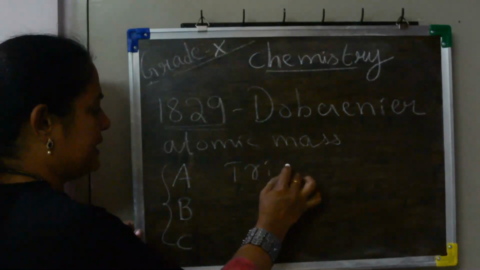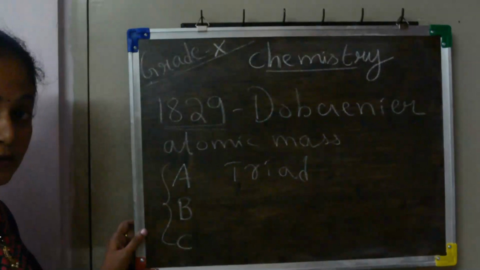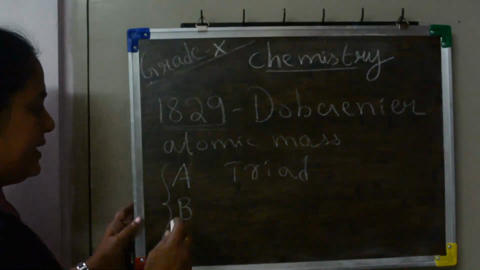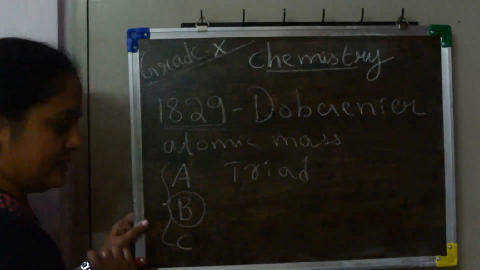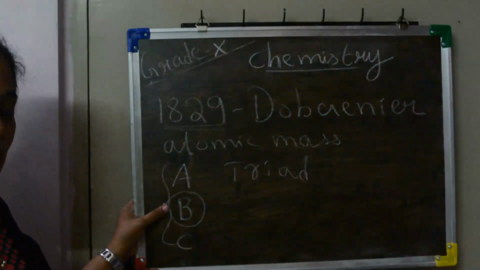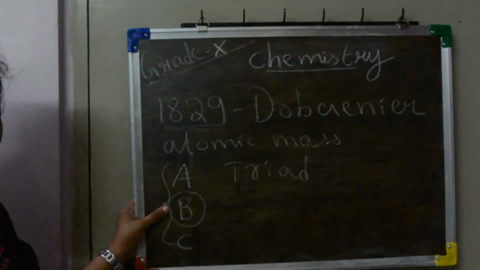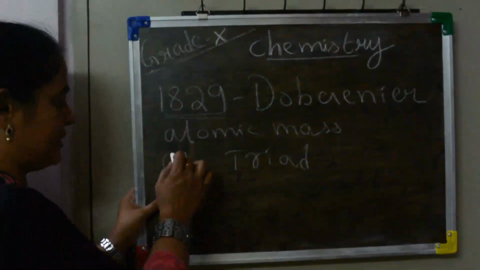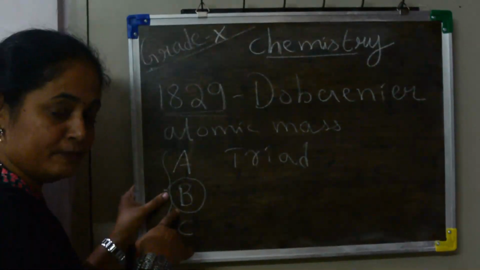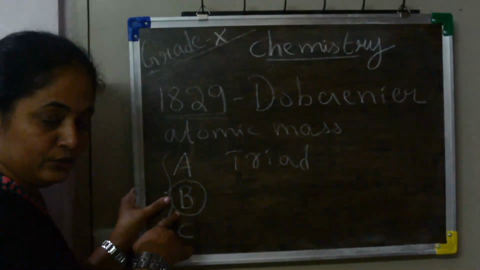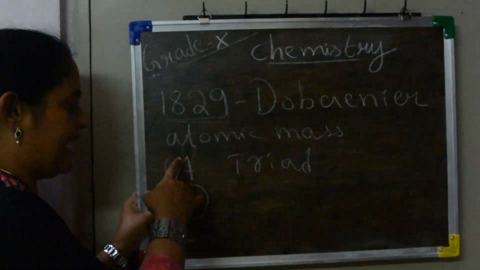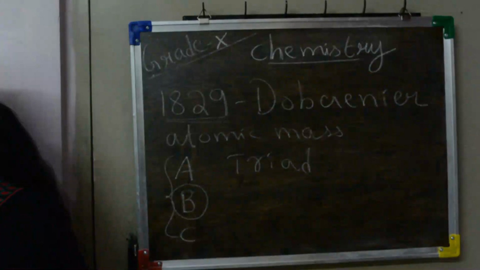He said the atomic mass of element B is equal to the average of the atomic masses of A and C. Once again I repeat, atomic mass of B is equal to the average of atomic masses of A and C. So this is the way he arranged.